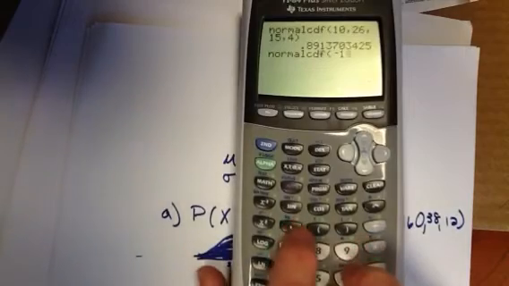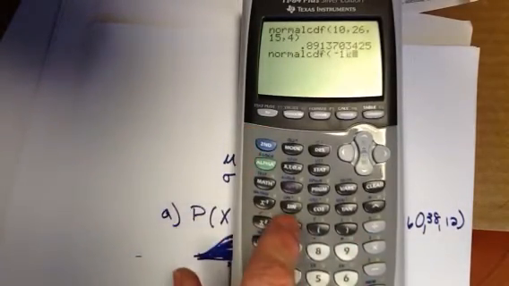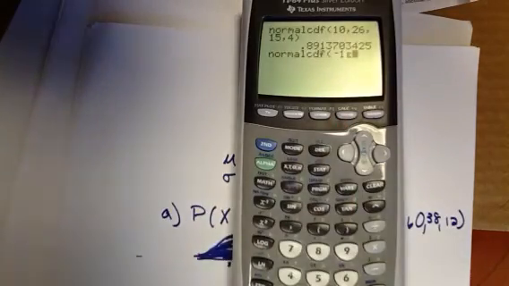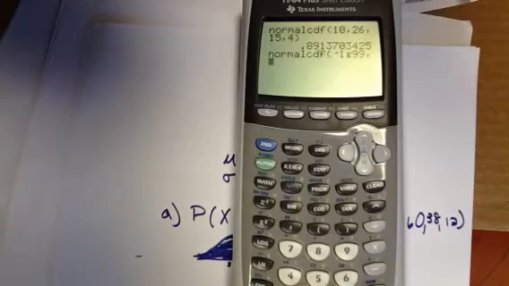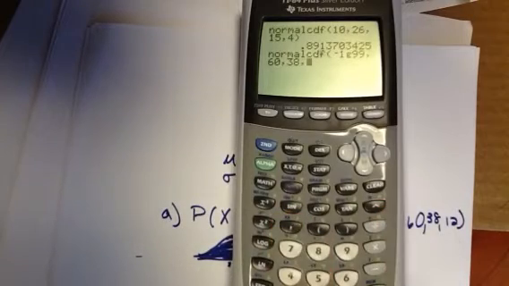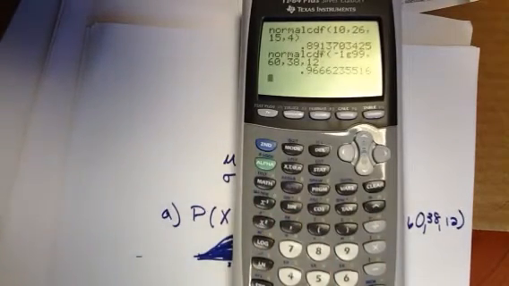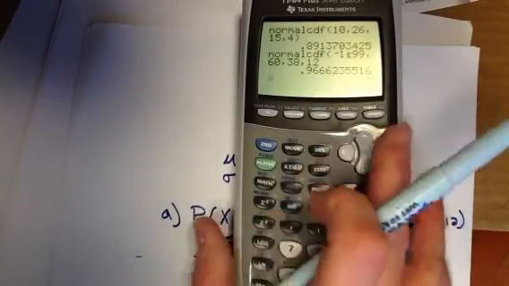And then where we get that times 10E is above the comma key. So we do second, comma, and it will put an E in. 99. And we do comma, 60, comma, 38, comma, 12. Make sense? So I get 0.9, and I usually take it out 4 decimal places, 0.9666.